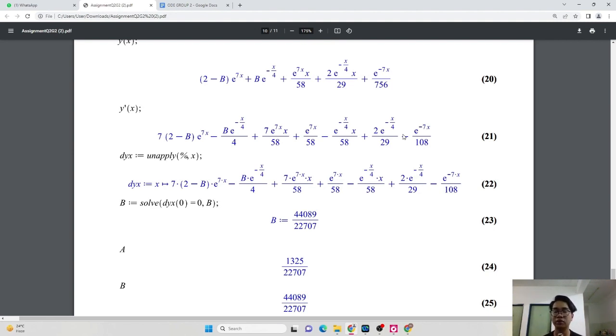And the 22nd step is dy/dx equal to, unapply x.